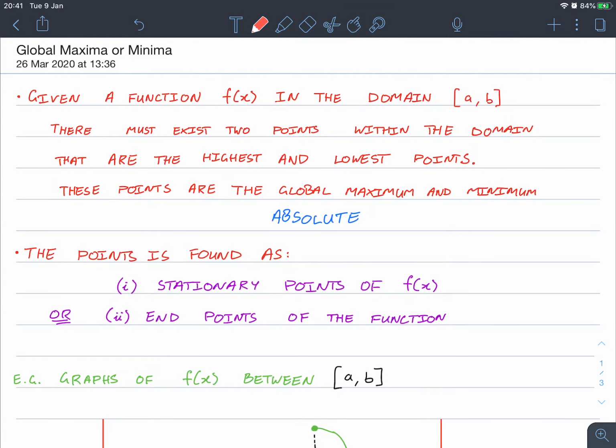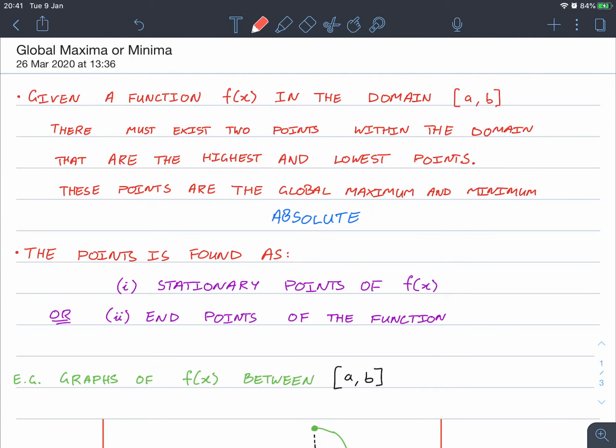So let's get to some actual examples here. Let's calculate the coordinates of the global max and minimum of the following functions on their given domains. So we have the function 4x minus x squared on the domain 0 to 4.